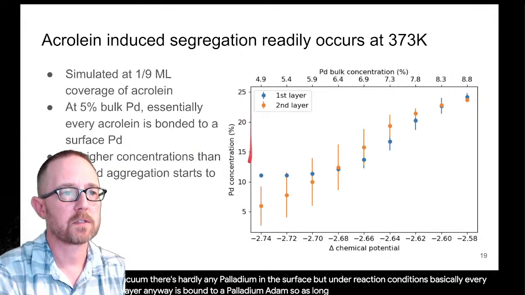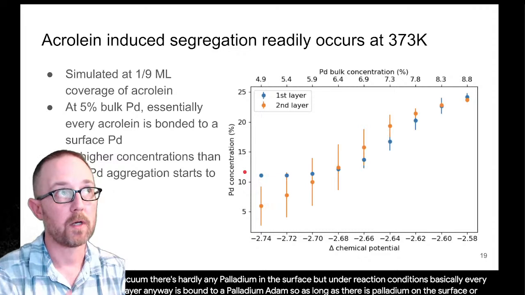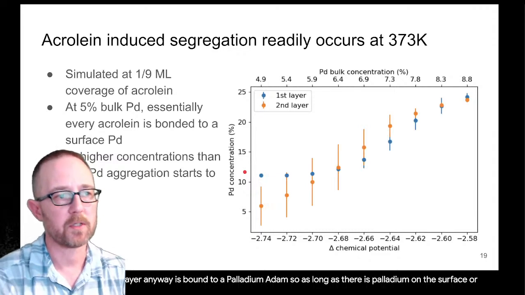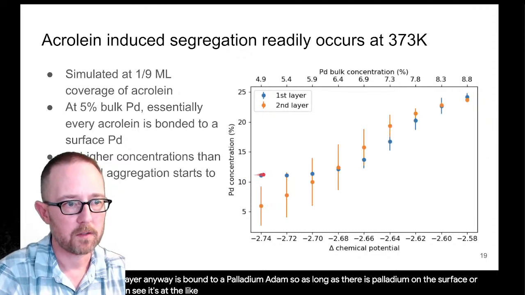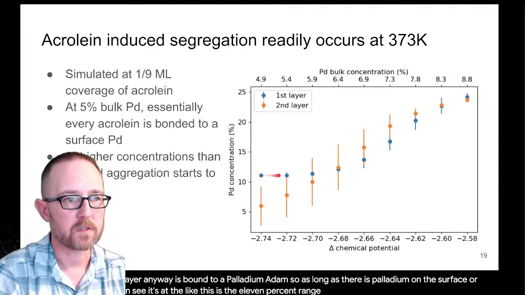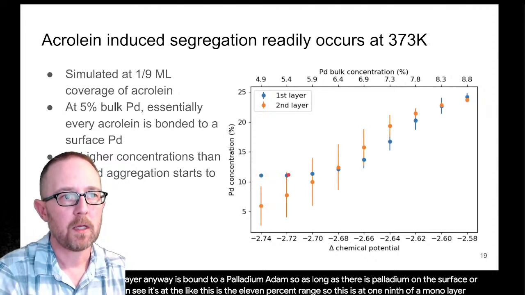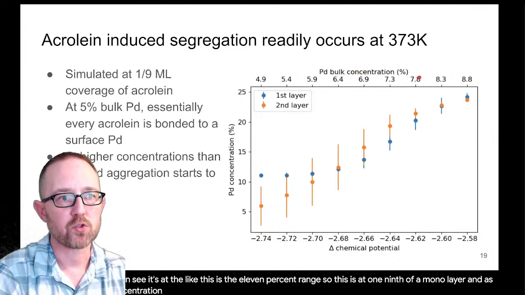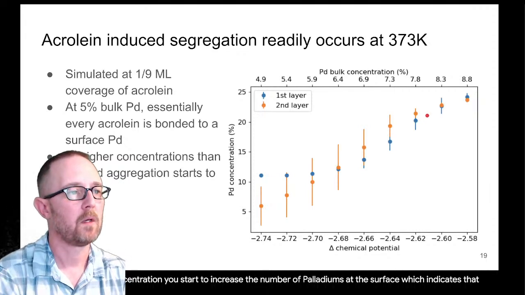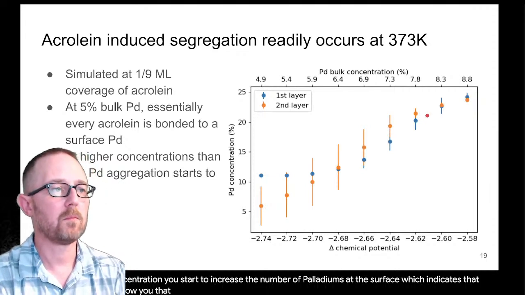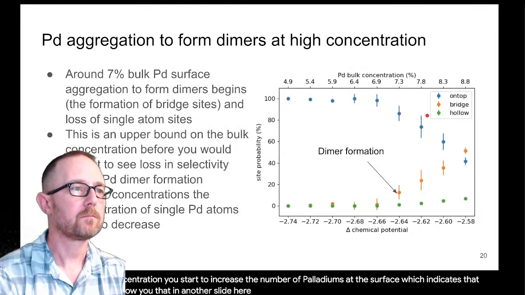So as long as there is acrolein on the surface, there will be palladium at the surface. And you can see it's in the 11% range. So this is at 1/9 of a monolayer. And as you increase the bulk concentration, you start to increase the number of palladiums at the surface, which indicates that they are aggregating. I'll show you that in another slide here.